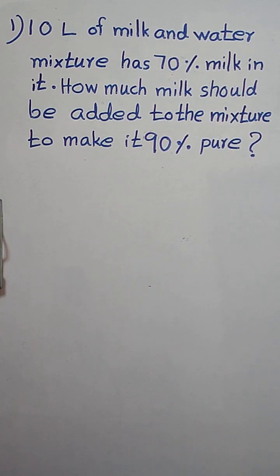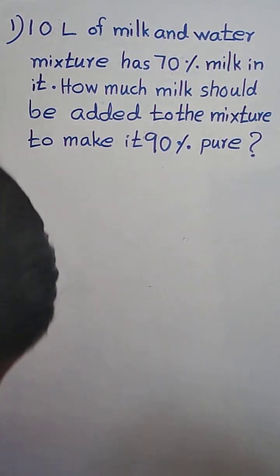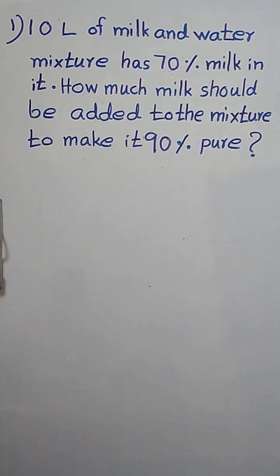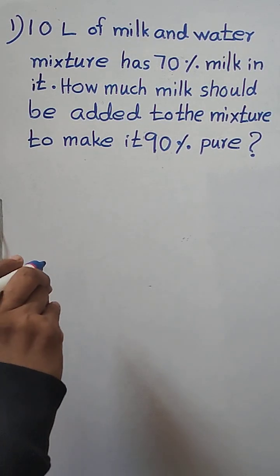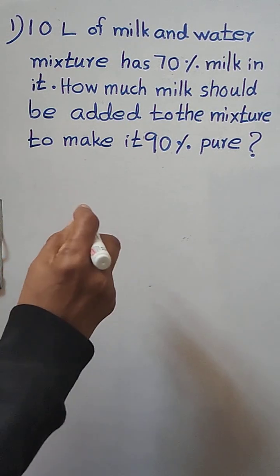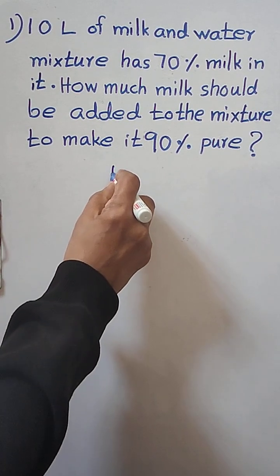Now how much milk should be added to make it 90%? It is the question. Let us do it. Ten liter is the original amount.